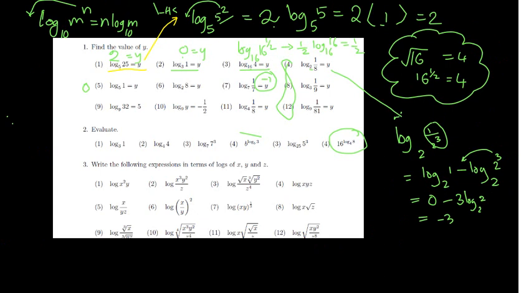The numerator will come, minus log 3 square will come. Not base 2, base 3. 3 square, right?